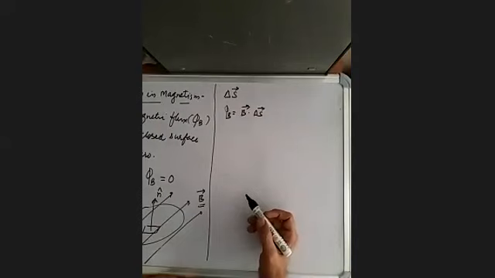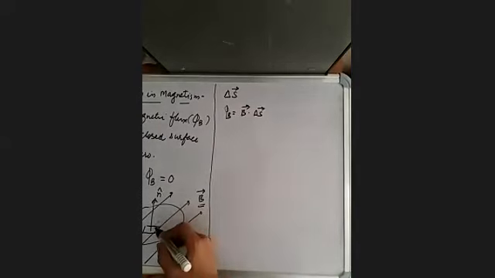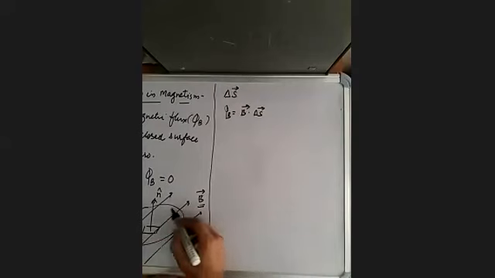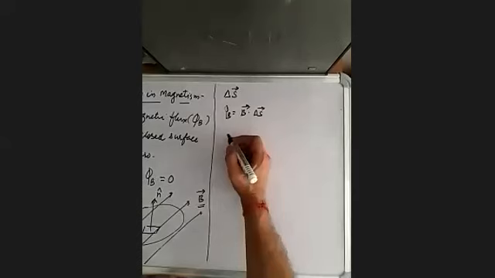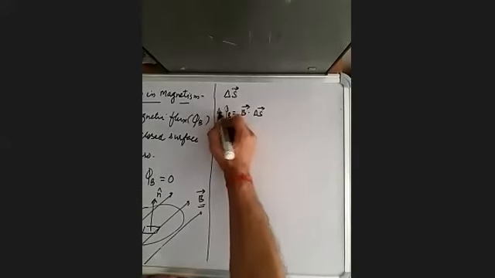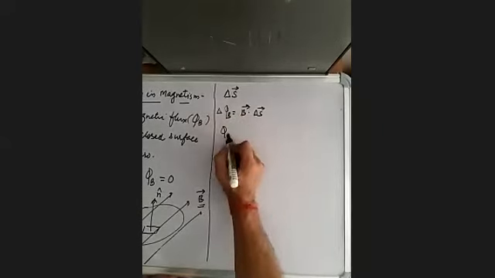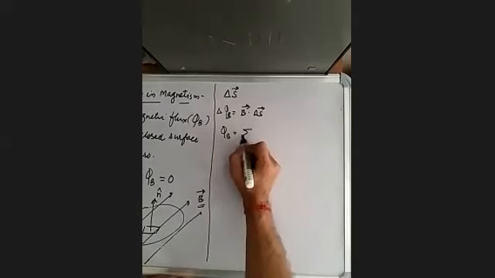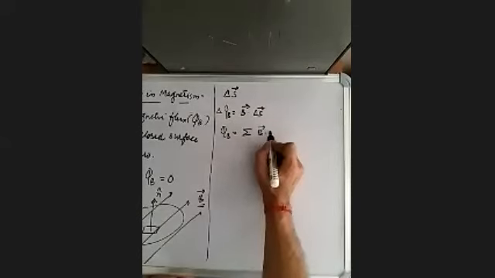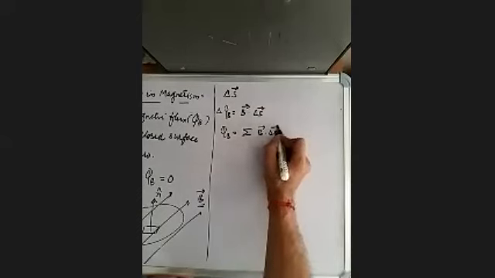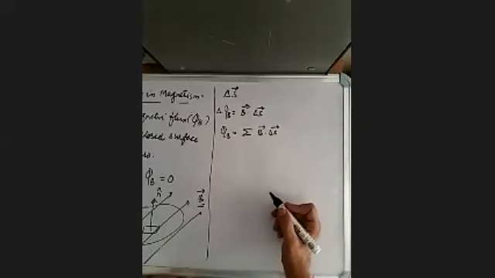Okay. So if we make many such delta S areas, consider a number of small areas in this closed surface, then the total flux. So this is a small amount of flux. So the total flux will be given by the summation of the flux associated with all these small area vectors.